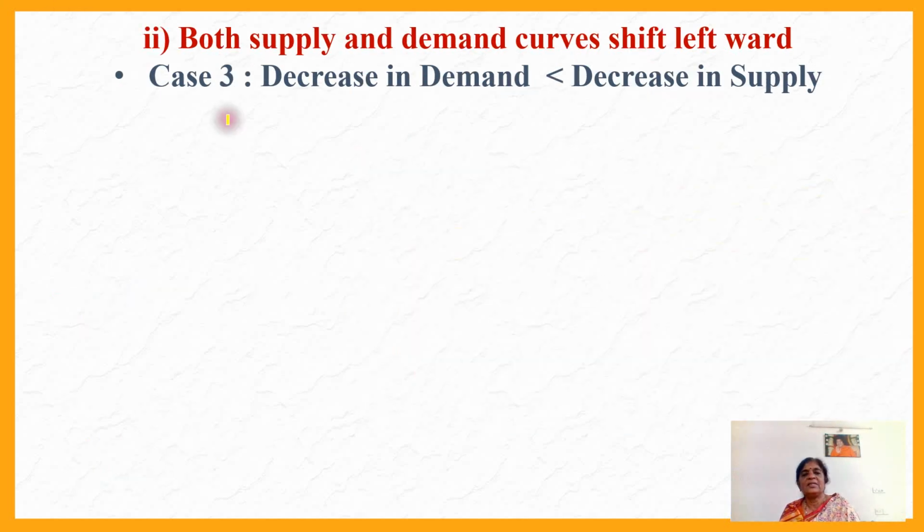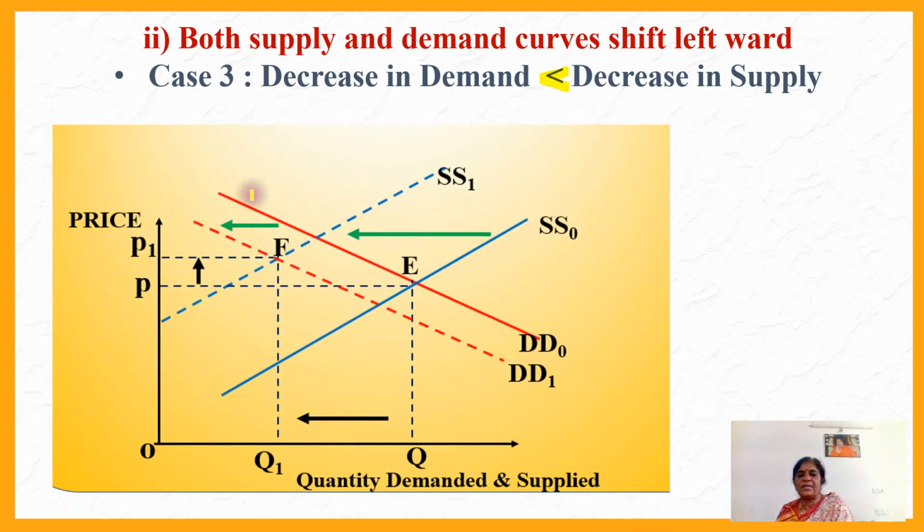The next case: decrease in demand less than the decrease in supply. In this case, we will see what will happen with the help of a diagram. You can see the magnitude of the shift in the supply curve. The shift in the supply curve is of a very large extent, SS0 to SS1. But you compare the shift in the demand curve, which is very small compared to the shift in supply.